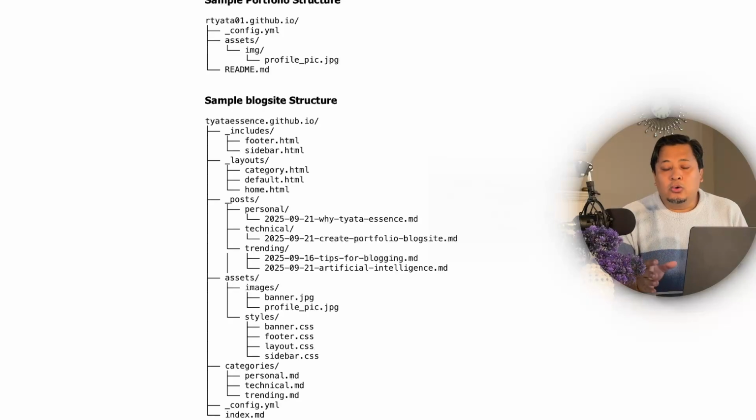And if you clone or fork the blog site that I showed earlier, it would be a lot easier for you to maintain, and you only need to understand the MD file for creating new posts. All the technical knowledge about creating a blog site, I have already put into the template for you.